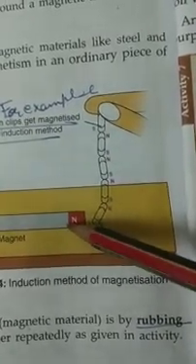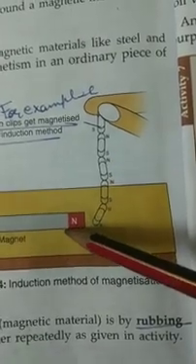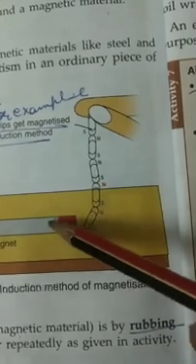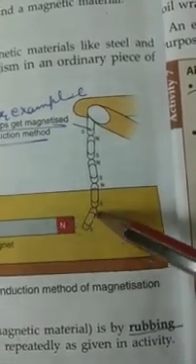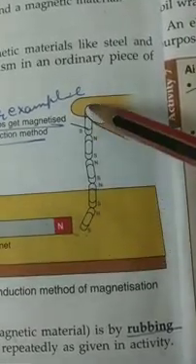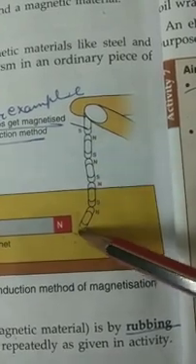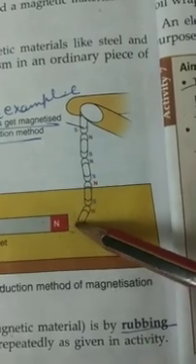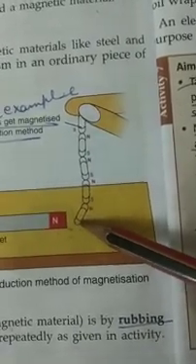Soft iron bar becomes an induced magnet, with the end nearer the magnet having opposite polarity to the magnet.